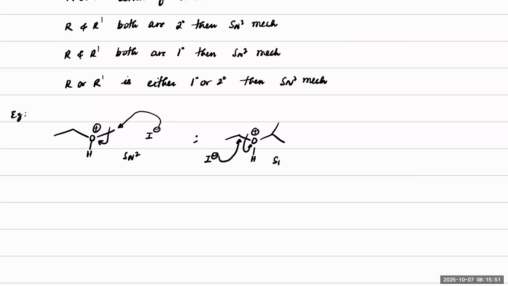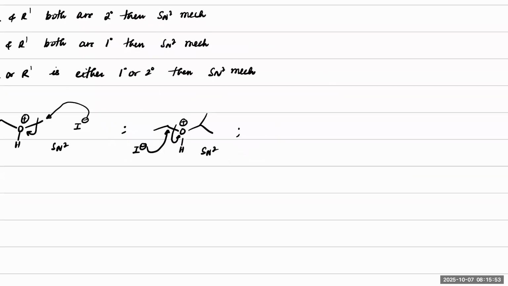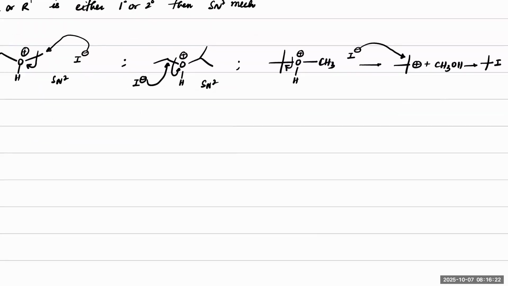But if you have a tertiary butoxide like this, CH3 with H plus here, then before I minus reacts, first a carbocation will form. So this will first form a carbocation, then CH3OH leaves, and thereafter the I minus will attack here. Done. The tertiary case is also clear.